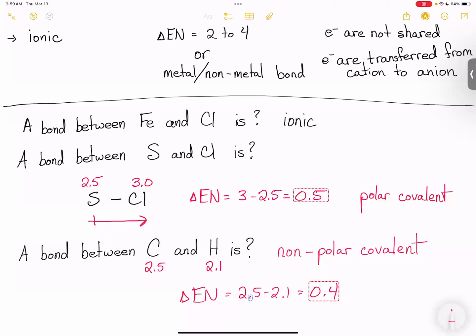So again, I did molecule polarity first because I don't want the two confused. You can have a molecule that is nonpolar and have polar bonds. There's more to molecule polarity than just what the bonds have. Questions?